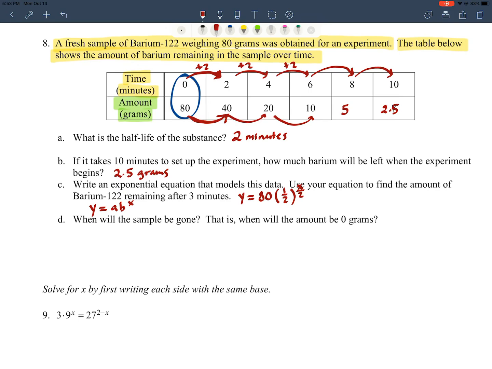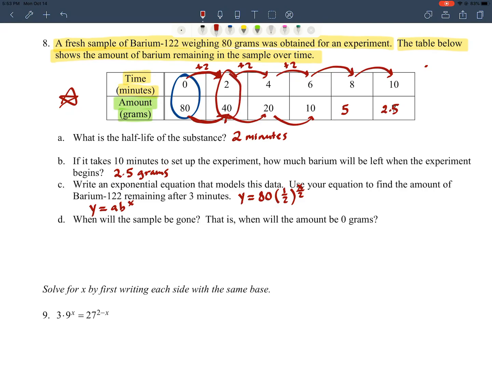This isn't the only answer for the equation. You could also set up your chart, and I guess we already have a t-chart set up here. You could take your value of A, and I'm going to do this over here on the right side, so maybe you can see it. Right now we've got A is equal to 80, and we could just take another point.